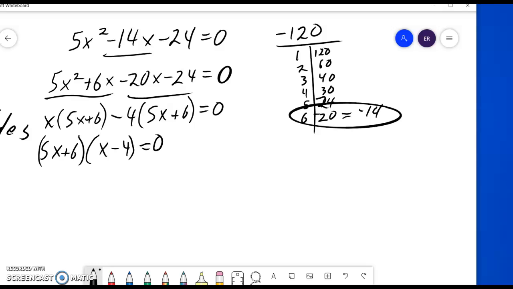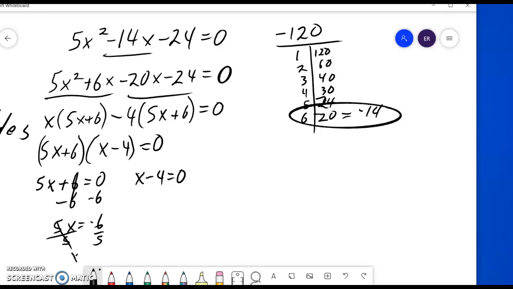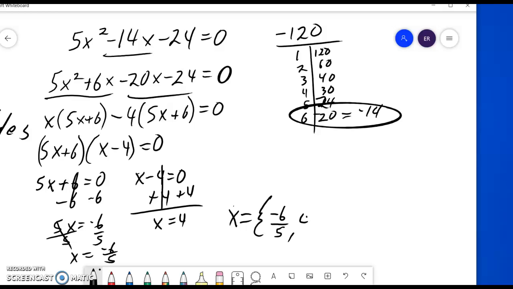I should be able to get my answer right from here, but if not, zero product property, set them both equal to 0, and solve the equations. My solutions will be negative 6/5 and 4.